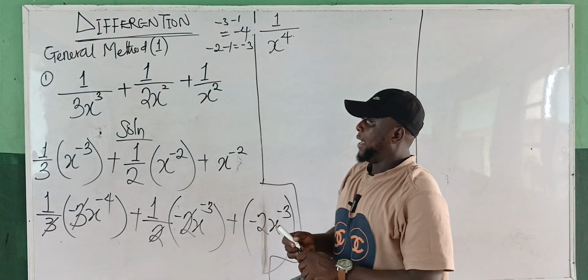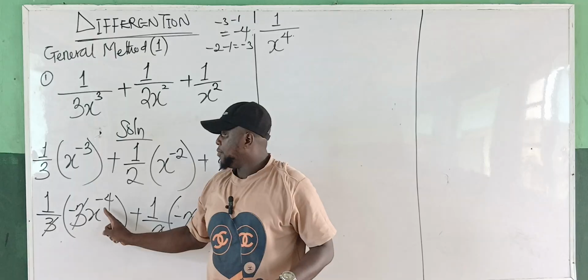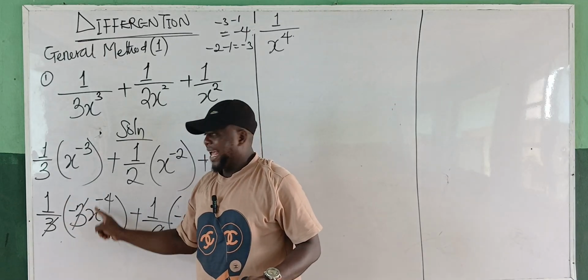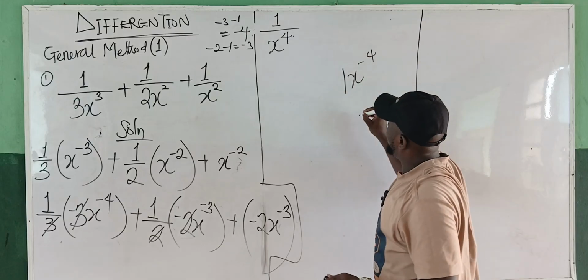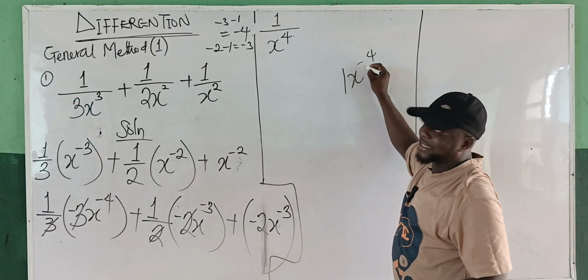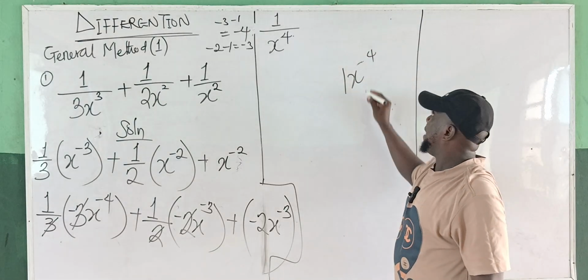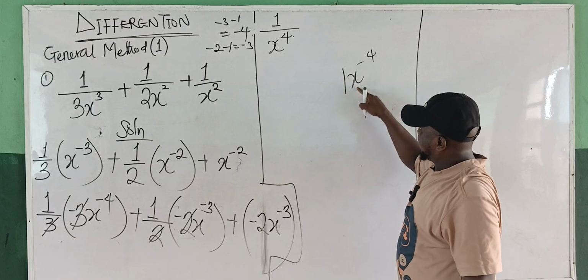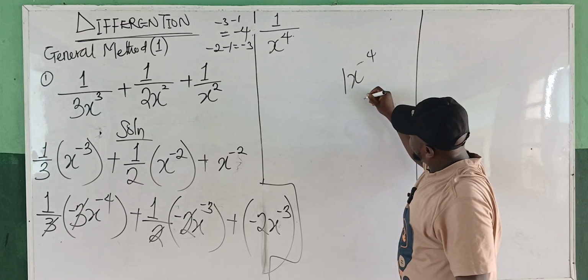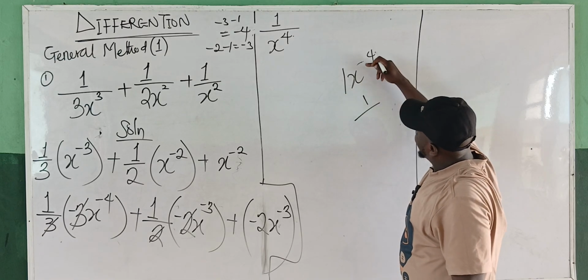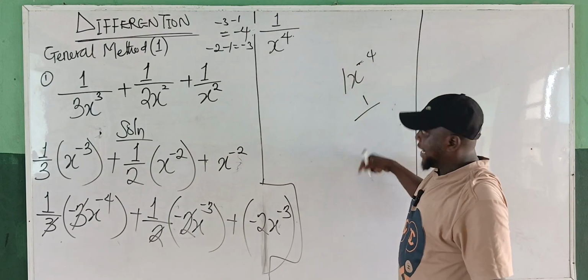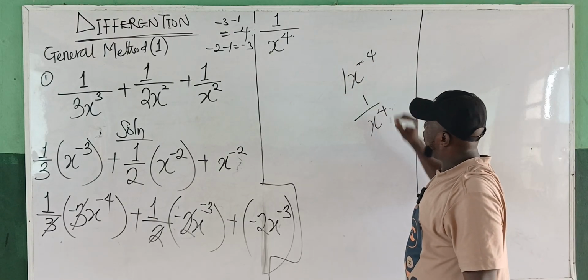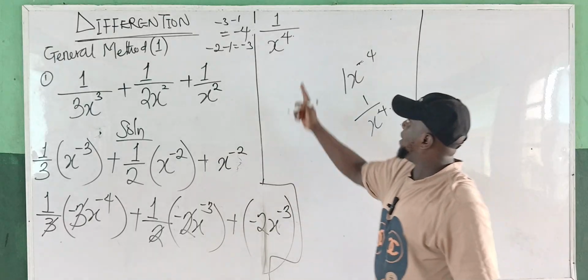The meaning of that is, when you multiply 1 times x raised to the power of 4, you are having 1x raised to the power of 4. If I want to remove this minus here as the power, that will give us 1 all over x raised to the power of 4, because this minus will come down. That's what I'm having here.